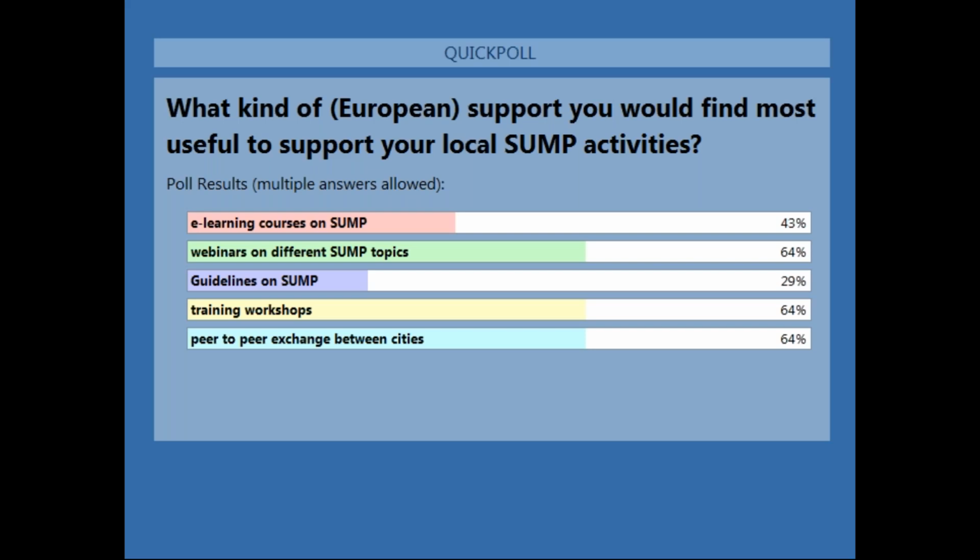The guidelines on SUMP are currently being revised, so they will be launched next year, like the new version of the SUMP guidelines, and they will still be, of course, the basis for all the other activities. The e-learning courses, as Maya announced, we will launch the first package that we developed within this project this Friday, so you can also have a look and see if that's a method that would be good for you.